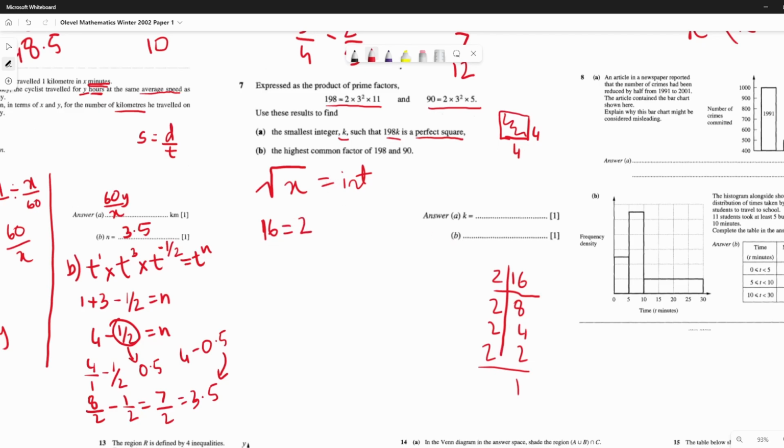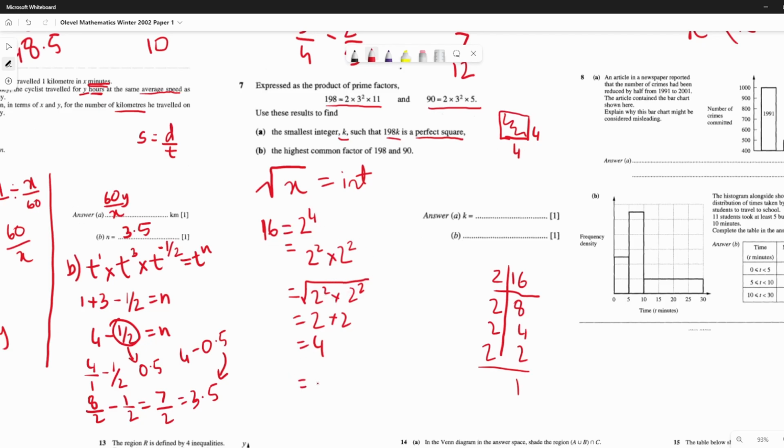So 16 in its prime factors is just 2 to the power of 4, which we can also write as 2 to the power of 2 multiplied by 2 to the power of 2. If we take the square root of this, it will just give us 2 multiplied by 2, which gives us 4, and that solidifies that this is a perfect square number.